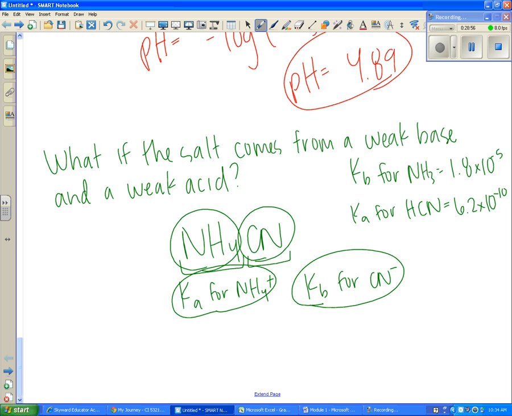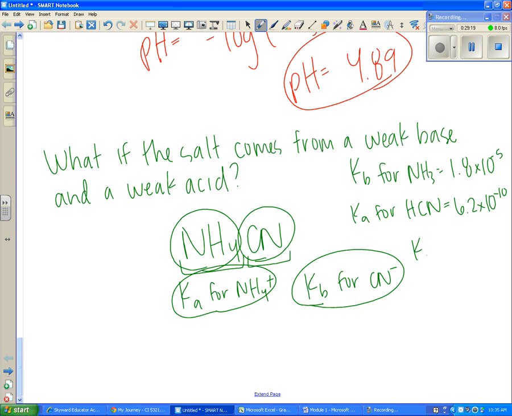How can I find a Ka then for NH4+ and a Kb for CN-? Set up, as Ben was about to say, that equation: Ka times Kb is equal to 1 times 10 to the minus 14th, and solve.